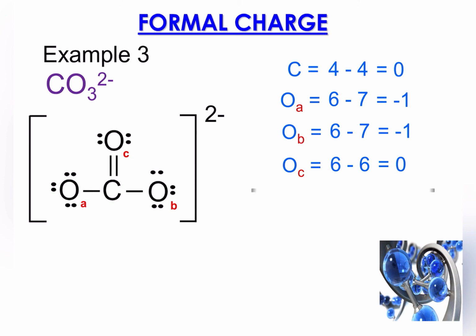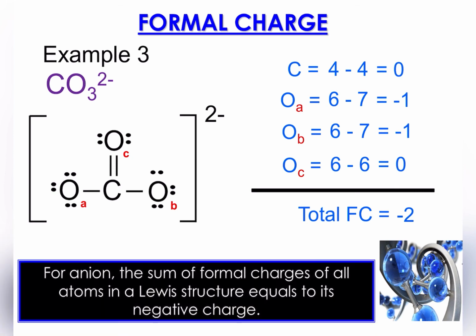You total up all the formal charges, you will have negative 2 as the total formal charge for CO3 2 minus. So this is equivalent to the sum of formal charge of all atoms in Lewis structure for anion equals to its negative charge.